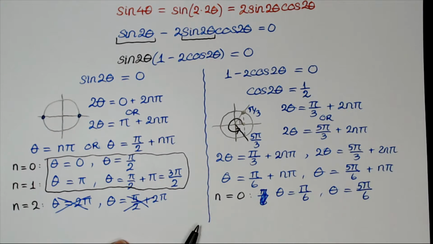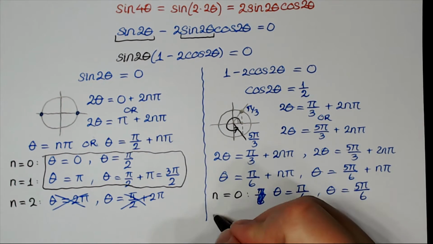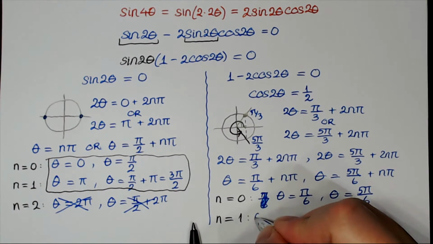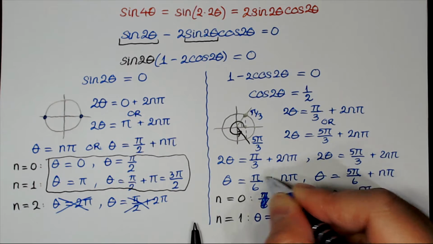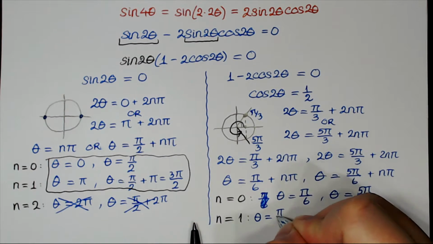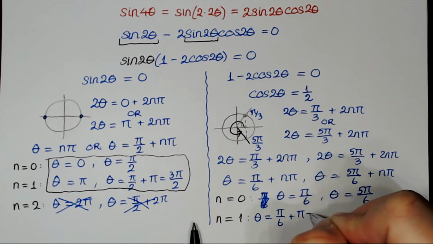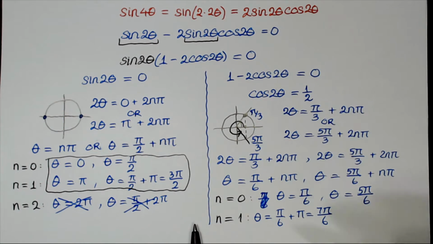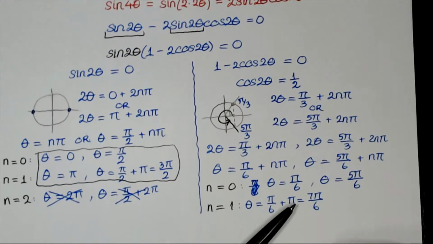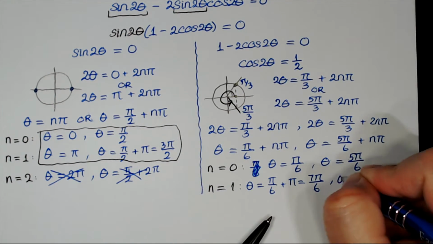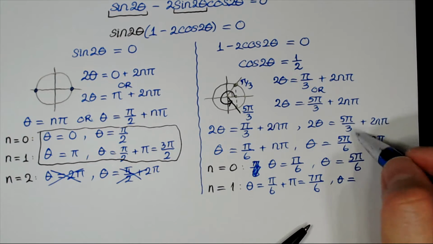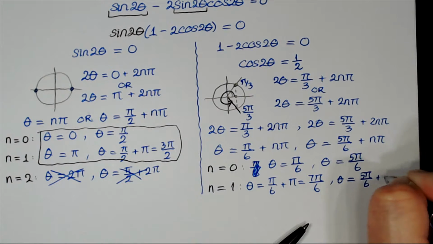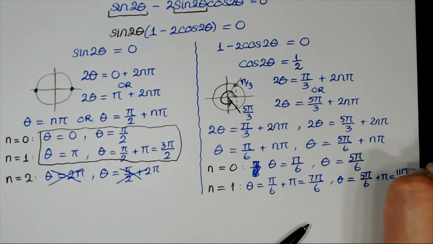Now n equal to 1, we have pi over 6 plus 1 pi. So that would be 7 pi over 6, still between 0 and 2 pi. And then on that side, we have 5 pi over 6 plus pi, which is 11 pi over 6.